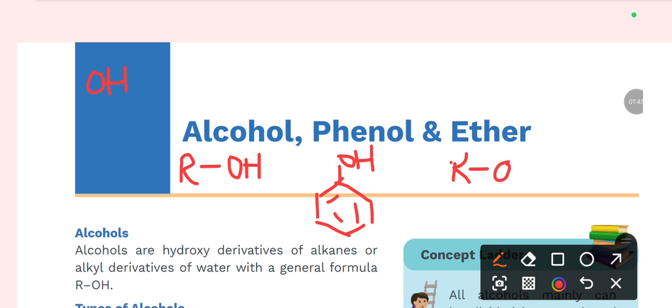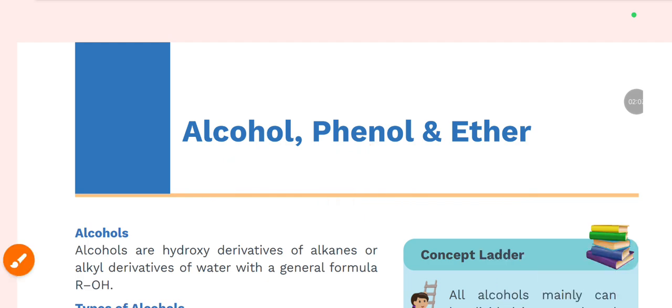If it is ROH then it is alcohol, but in place of hydrogen, one more R is there. This is ether. So alcohols, phenols and ethers, this is the chapter. These are the common formulas that I have drawn for alcohols, phenols and ethers.